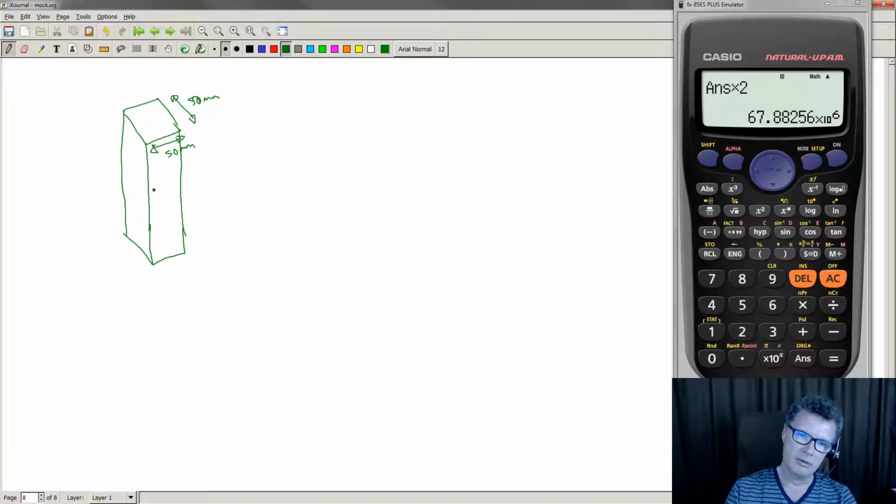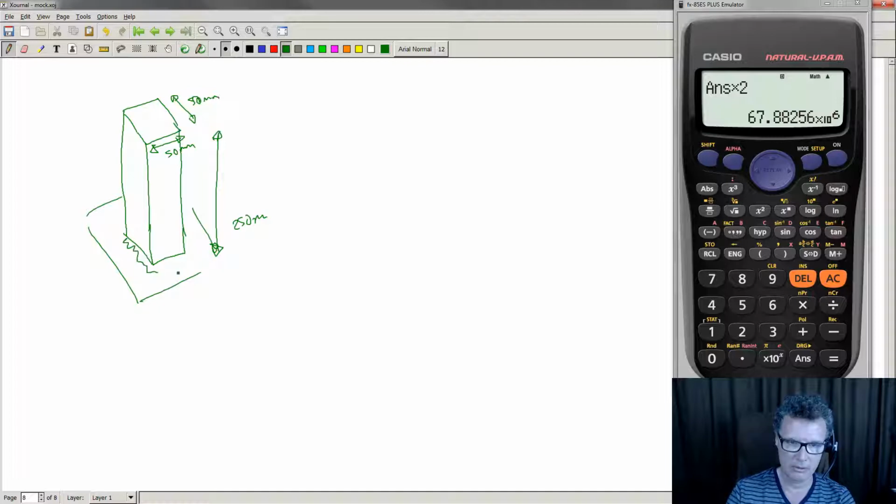What would you say that is? 50, 100, 250? And it's nicely glued onto this surface.